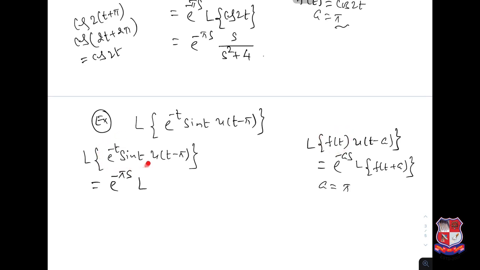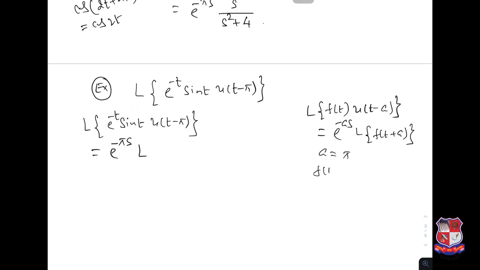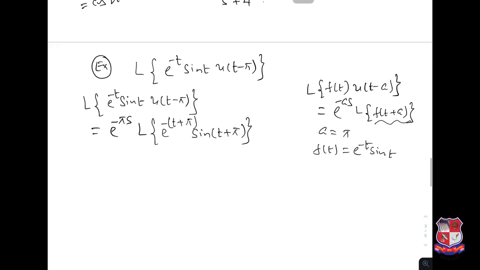F of t is e power minus t sin t. So Laplace transformation of f of t plus a. So a is pi. So e power minus t plus pi sine of t plus pi. Not difficult. Slowly you can do. You will definitely find it easy to understand.